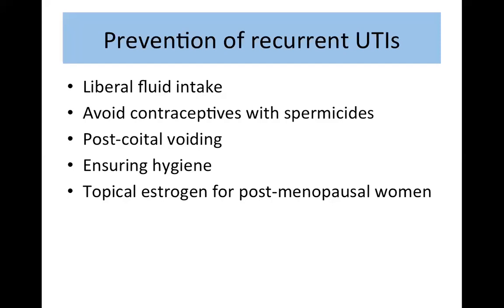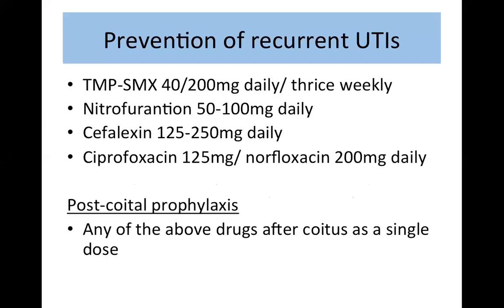That has also been shown to reduce the infection rates. Also ensure good hygiene in the perineal region. And as the last one, using topical estrogen for postmenopausal women has been shown to reduce recurrent UTIs.